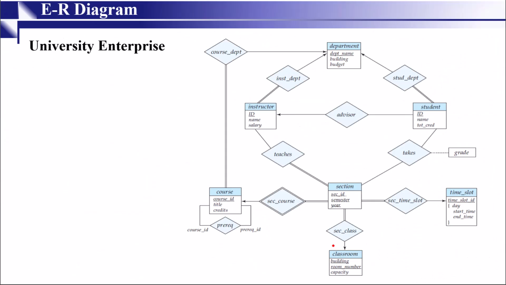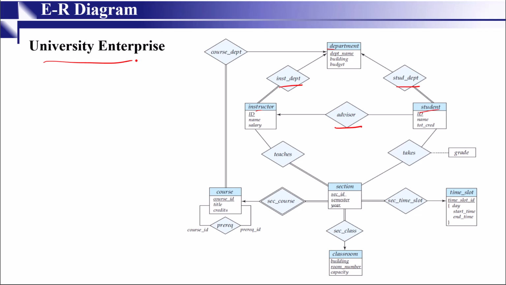these are the primary key for section. This is the ER diagram, which integrates all concepts like entities, for example, student, department, instructor. Then we have relationships like student, department, advisor, instructor department. These are the relationships, attributes, and constraints. This is our university enterprise diagram.